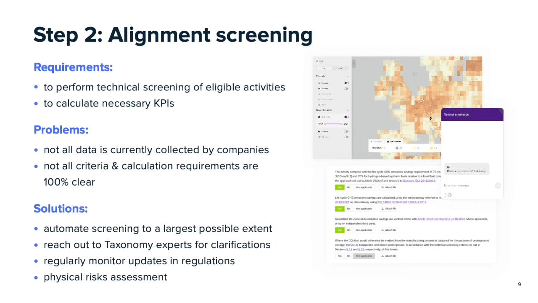We have a separate tool for this, which allows screening different activities on climate scenarios, on RCPs. And it helps to meet the requirements of climate adaptation, both do no significant harm and substantial contribution. So this covers a large part of it. Then, of course, you can always reach out to experts, to consultants, monitor updates and regulations, and try to orient yourself in this field.